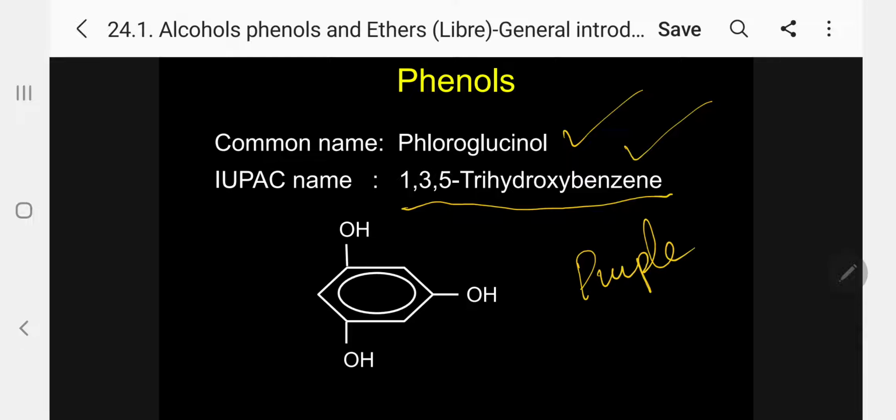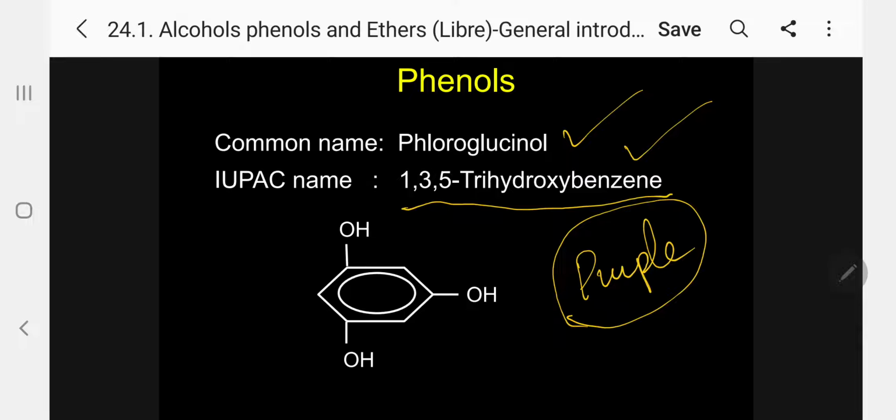So my dear students, I have now indicated all the important phenolic compounds, monohydric, dihydric and trihydric phenols, and I have shown you with proof that the color varies from phenol to phenol. Kindly follow.